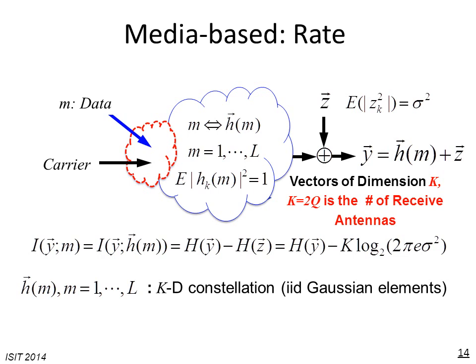So the output of the channel will be a vector Y, which is h plus Z. h is blindly selected by the transmitter according to the value of m, and vector Y is received at the destination, and from vector Y the receiver intends to extract the information bit pattern m.